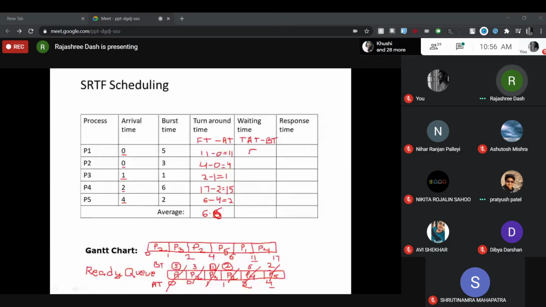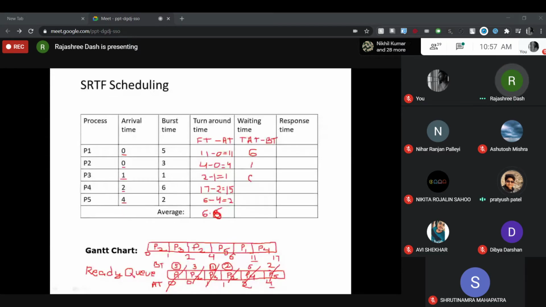For P2, 4 minus 3, that is 1. For P3, 1 minus 1, 0.